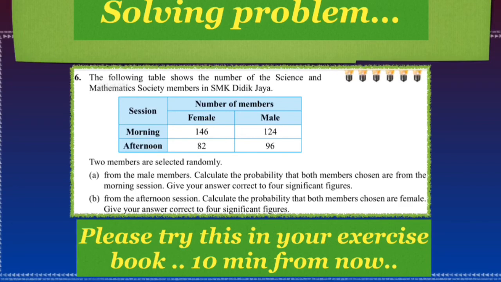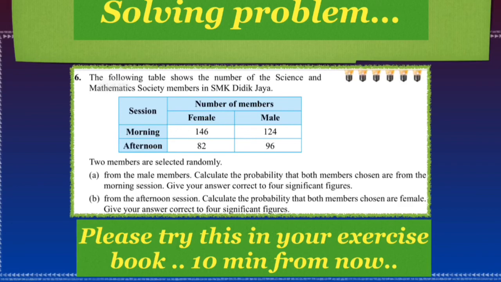Okay, for part B, from the afternoon section, calculate the probability that both members chosen are female. Give your answer correct to 4 significant figures. From the afternoon section, highlight, that is your sample space for question B. Calculate the probability that both members chosen are female.